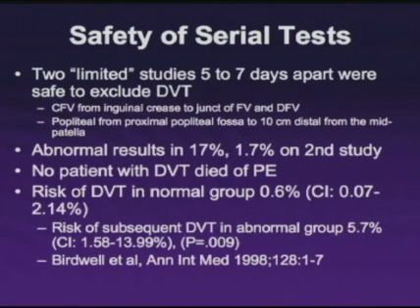Another approach to using ultrasound is to look at limited studies above the calf and doing 2 studies 5 to 7 days apart. And it's been shown in several studies, of which this study from the Annals of Internal Medicine is the most well regarded, that 2 studies 5 to 7 days apart adequately exclude deep venous thrombosis.